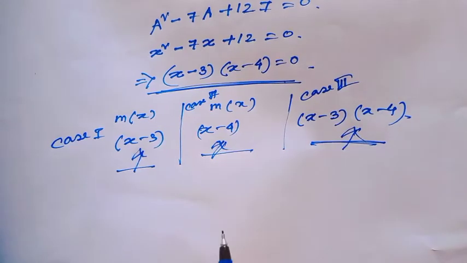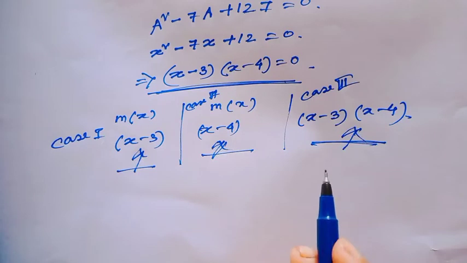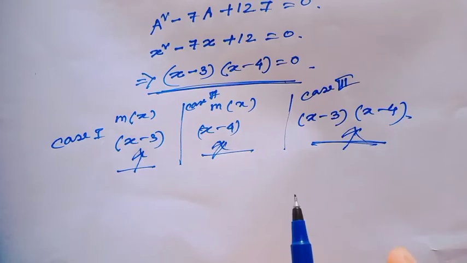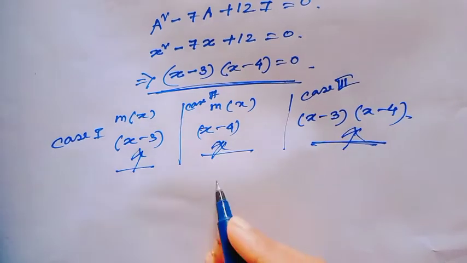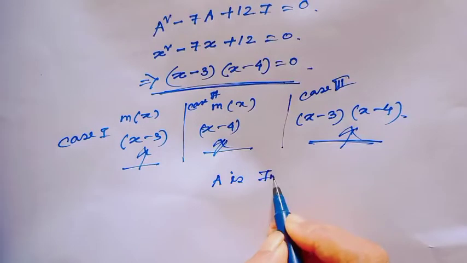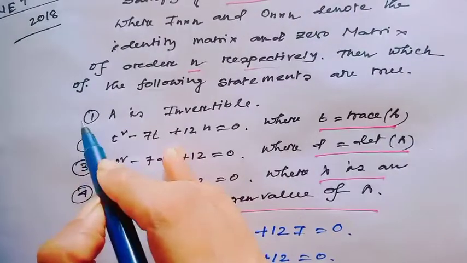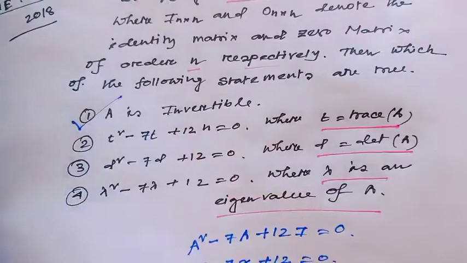And since for all 3 cases the eigenvalues are non-zero, we can tell A is invertible. Are you getting? That means option 1 is a right option.